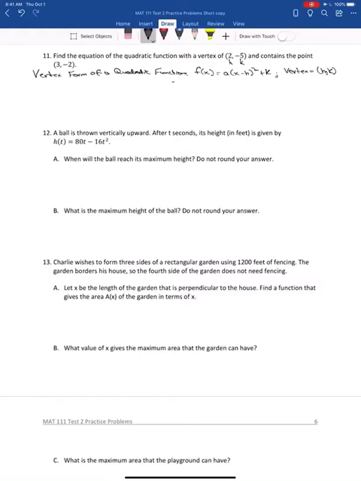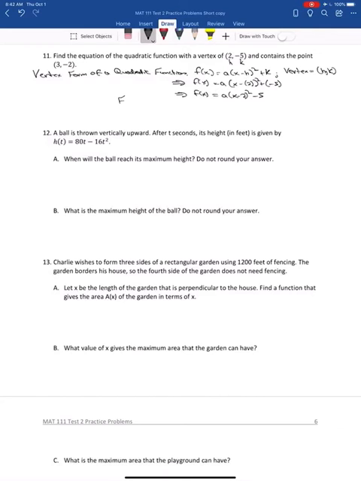So with that said, we've got a function here, f of x equal to a times (x minus h), well, that's x minus 2, squared, plus k, which is -5. So substitute. I'm plugging in that value for h and k. And now we've got to find a, right? So again, if you want, we can go ahead and simplify this a little bit. f of x equal to a times (x minus 2) squared minus 5.